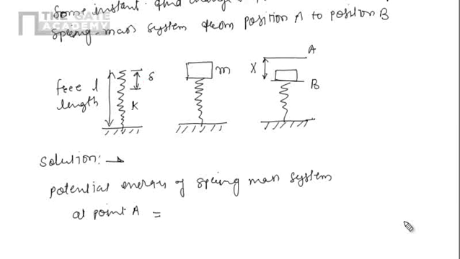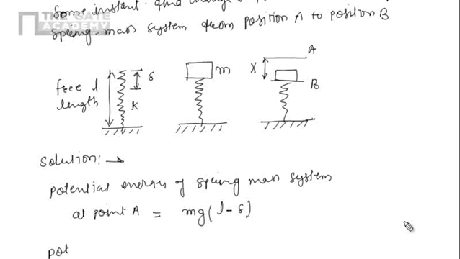Means the potential energy will decrease by L minus delta. So the potential energy of the spring mass system at that point will be mg, and the height will be L minus delta. So this one is the potential energy at point A.